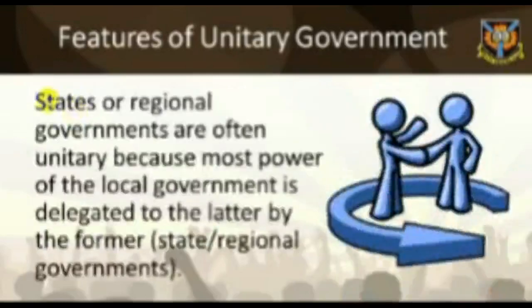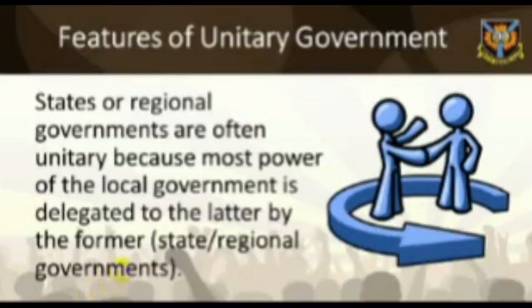States or regional governments are often unitary because most power of the local government is delegated to the latter by the former, that is, state or regional governments. The laws coming from the regional or state assembly override the legislative enactment of the local government.